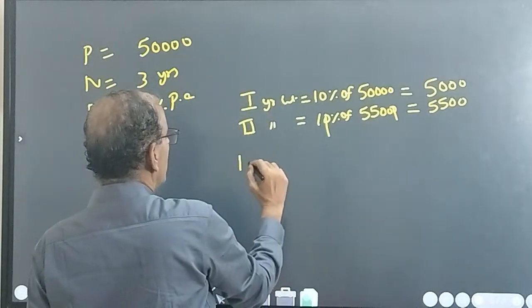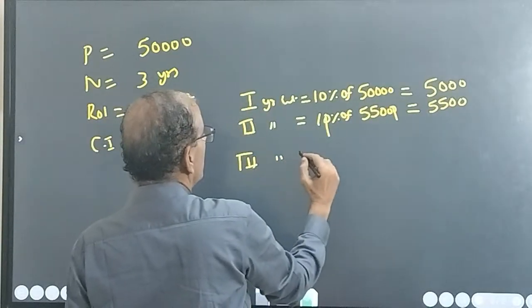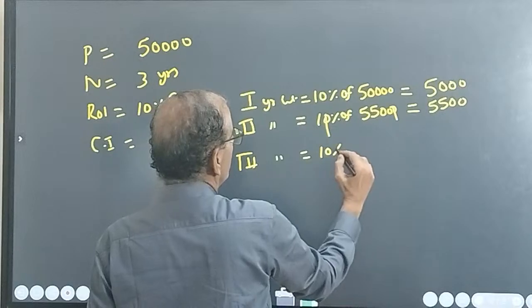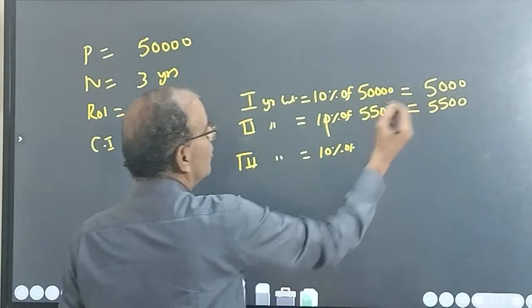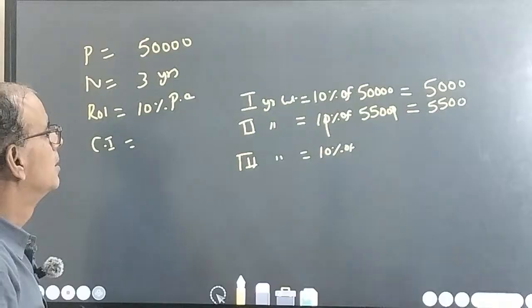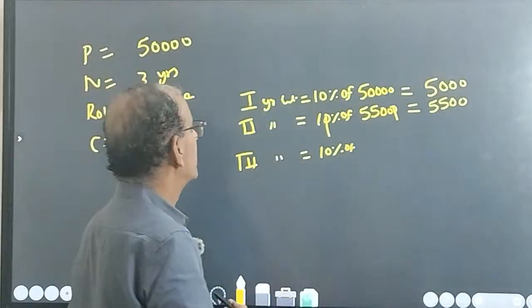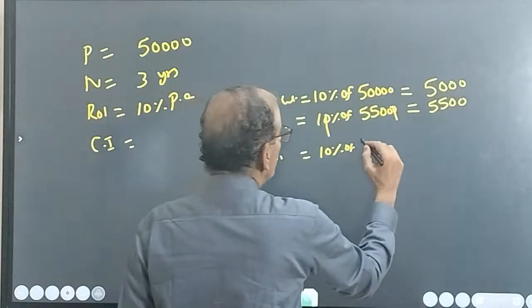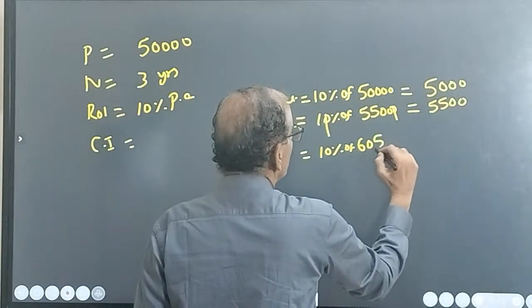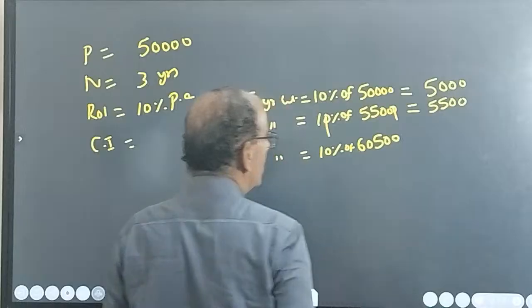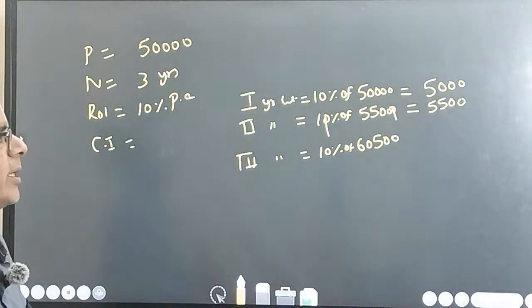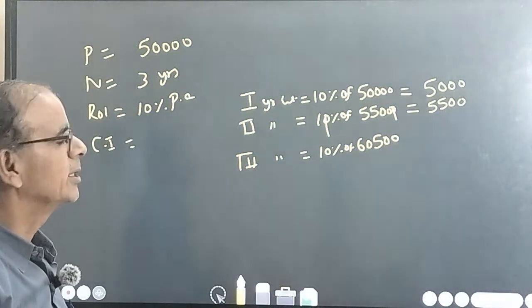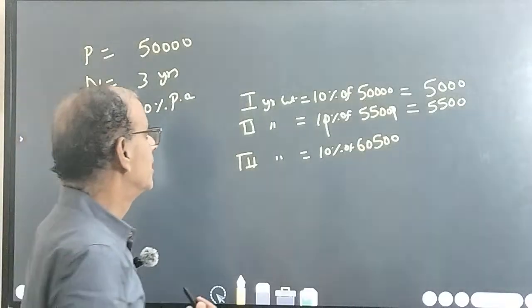What about third year interest? 10% of 55,000 plus 5,500, how much? 60,500.